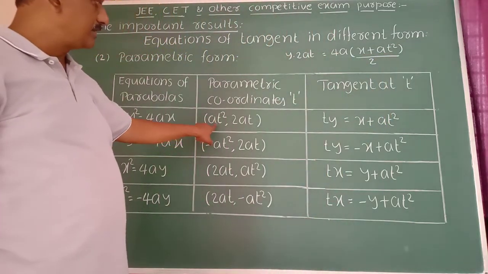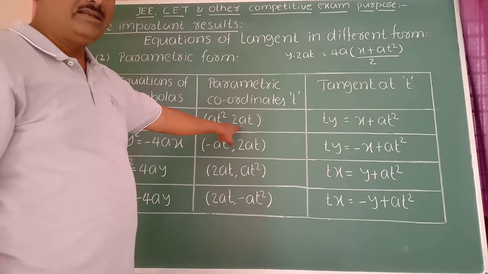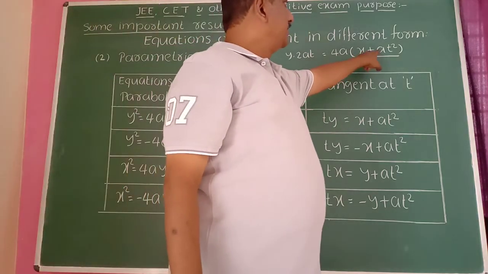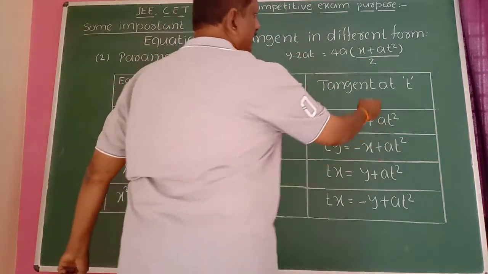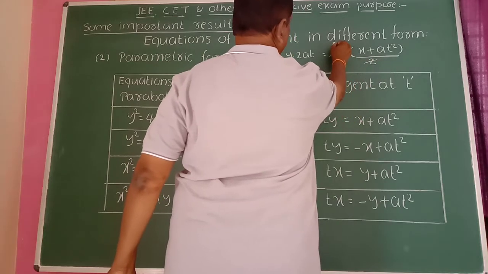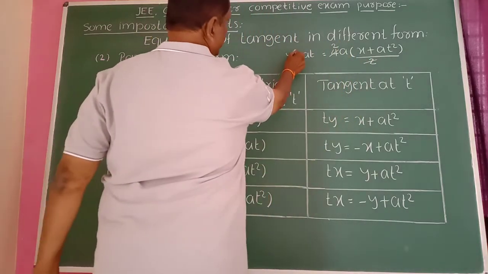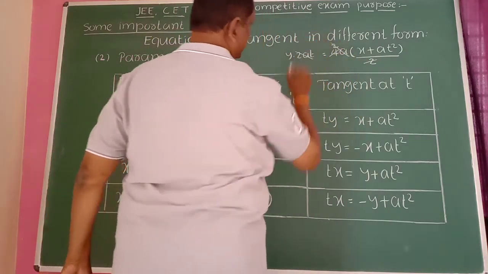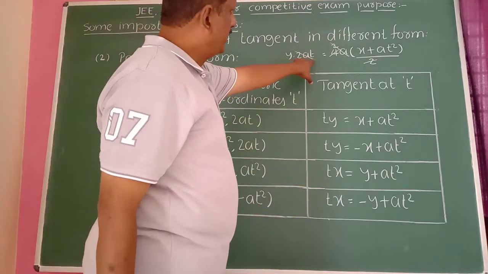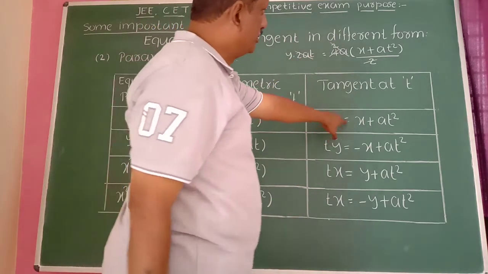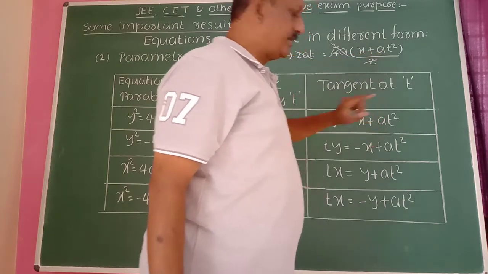Okay, consider this is x1, this is y1 here. x plus x1 divided by 2. Then the 2s get cancelled here. Then this 2a, this 2a cancels. Remaining is what here? y into t. ty is equal to x plus at square.